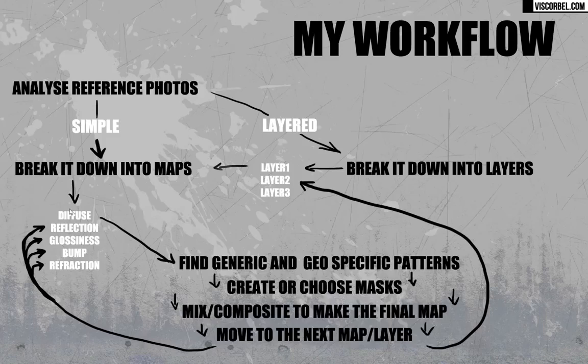So let's say I start with diffuse, I create the map, move on to reflection, create the map, move on to glossiness, create the map, move on to bump, create the map, and so on. Once all the maps are finished, I just go to the next layer and do it all over again. And finally, I mix them together by using the final mask that is used for the Vray blend material.